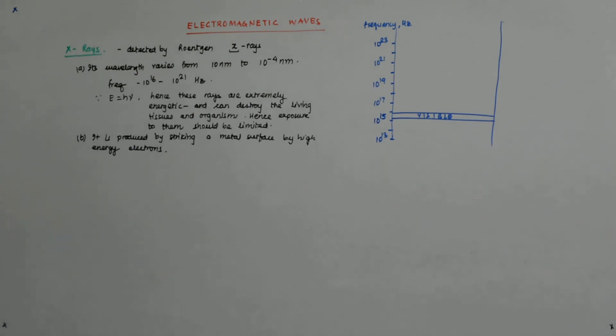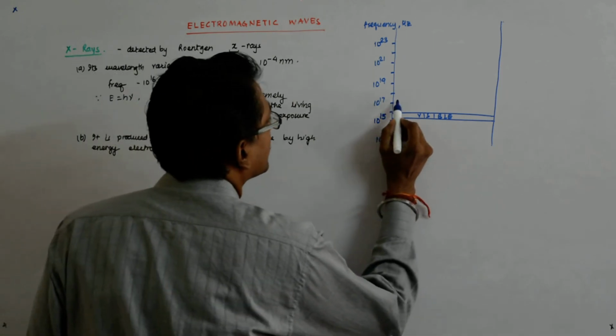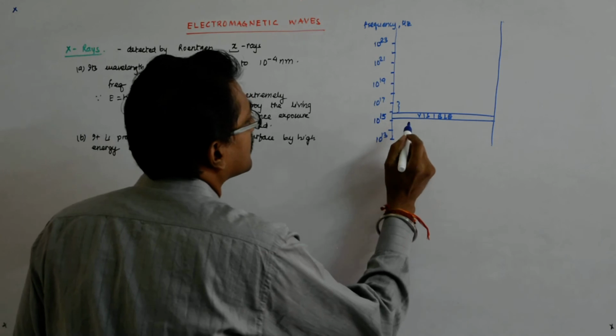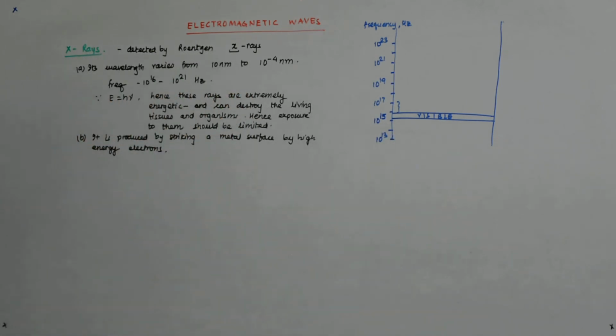Above that you have ultraviolet till 10 to the power 17. And there is an overlap with the X-rays.